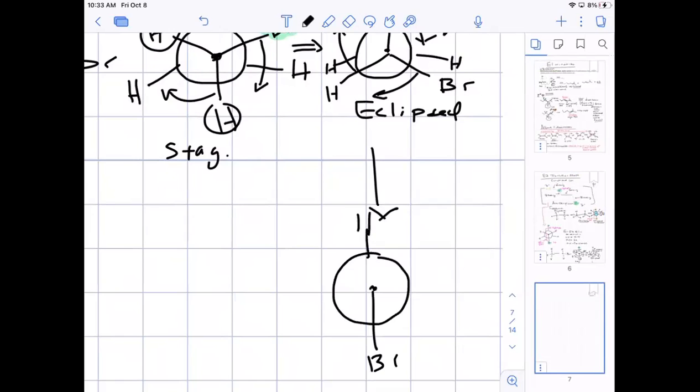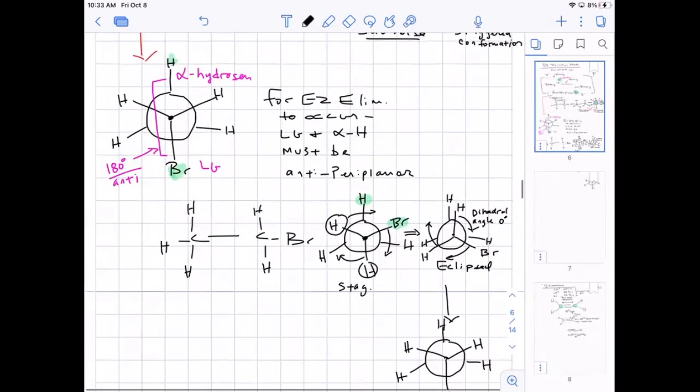So that's how I was able to draw that, because I know that the dihedral angle is 60, and I can rotate multiple times around that carbon-carbon bond. And it just moves between those different conformations, and they all have different energies and things like that. So that's how I knew to draw that way, right?